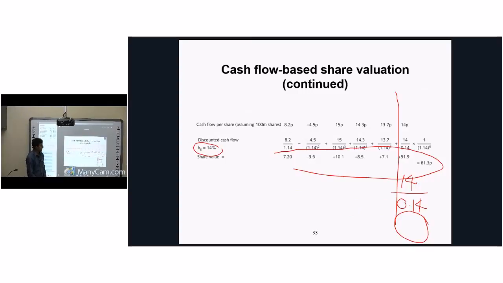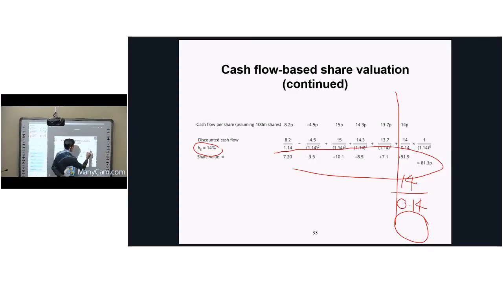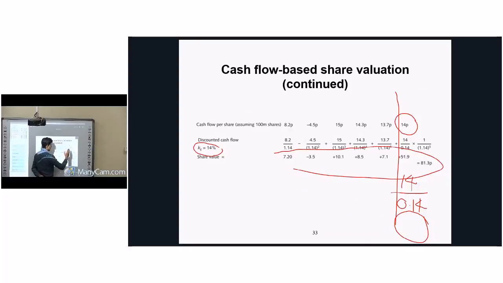And the only thing you have to be careful about is that because the 14 will be going forever, we use this annuity to get the cash flows for the future, and whatever figure you arrive at is in year 5.